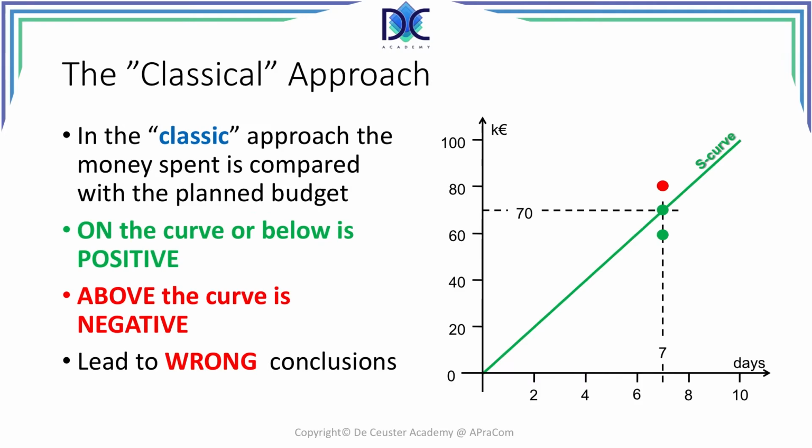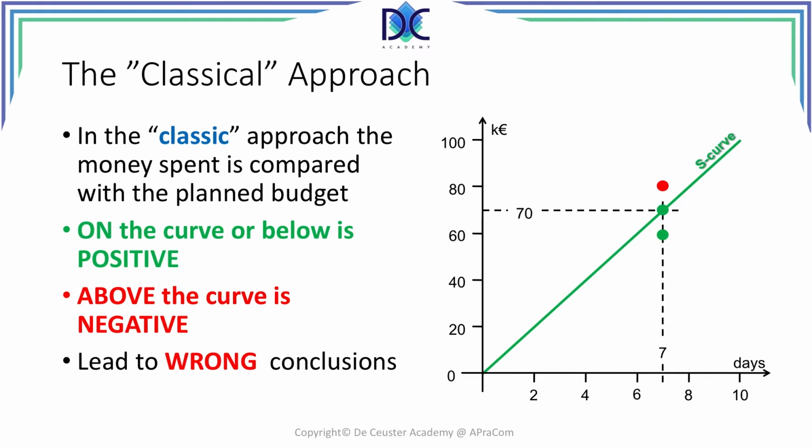The classic approach to cost is shown in the graph at the right-hand side. We have a simple project, a simple S-curve, which in this case is a straight line. In 10 days, we plan to finish the project with a budget of €100,000, which is the budget at completion. And on week 7, we plan to spend €70,000.